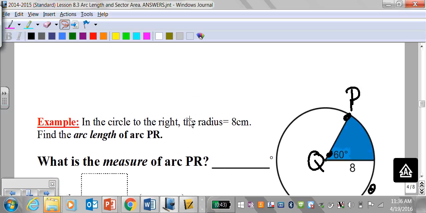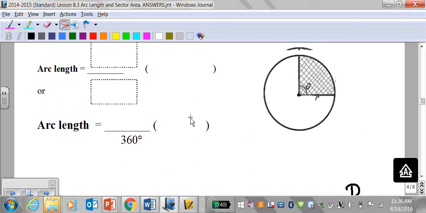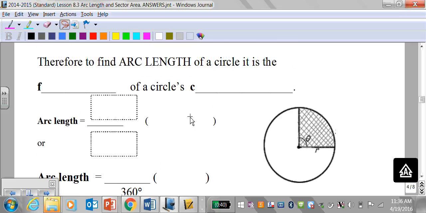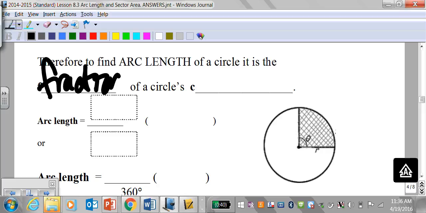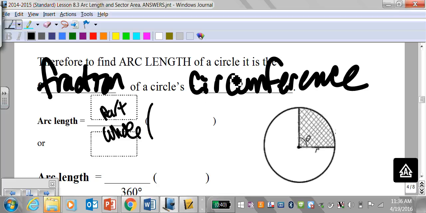Okay, ready? At the top of page 4, we're almost done here. An arc length is just a fraction of the circumference. You only have 4 pages after this. It's really easy. Arc length, therefore, is a part over a whole times circumference.